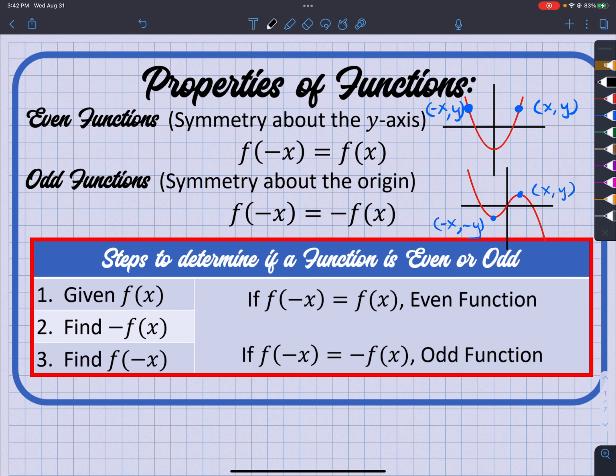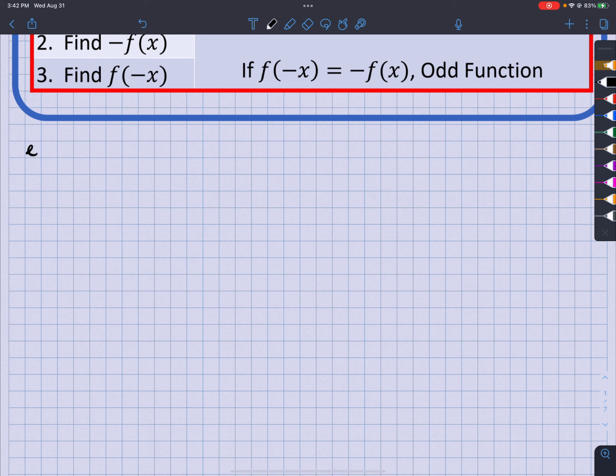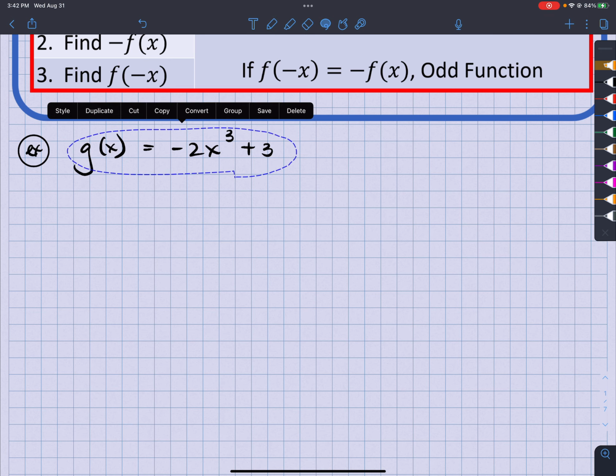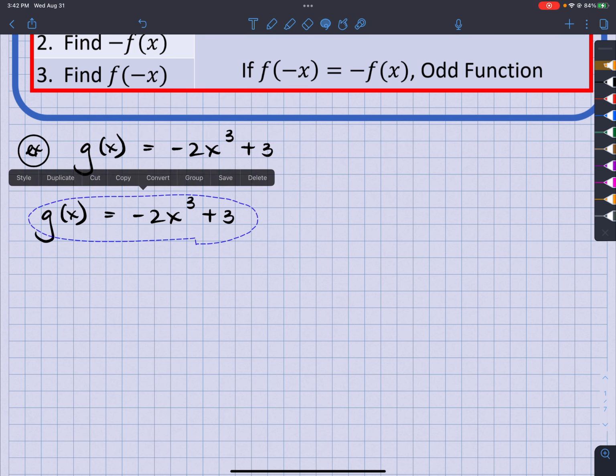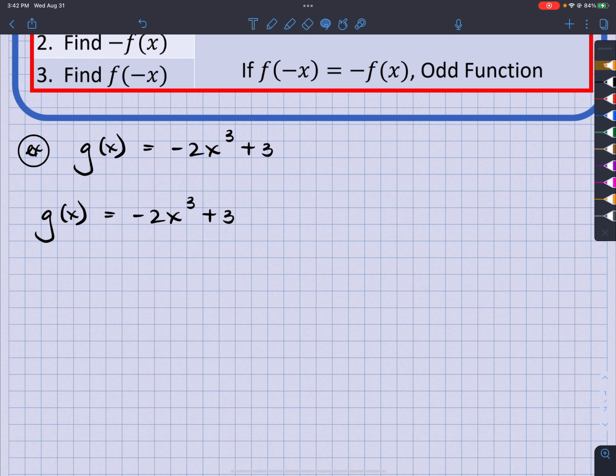So let's say, for example, that g of x is negative 2x to the third plus 3, and I want to know if it's odd or even. So first, this one right here, I know is a function. Now I want to negate that function. So I want to find negative g of x.